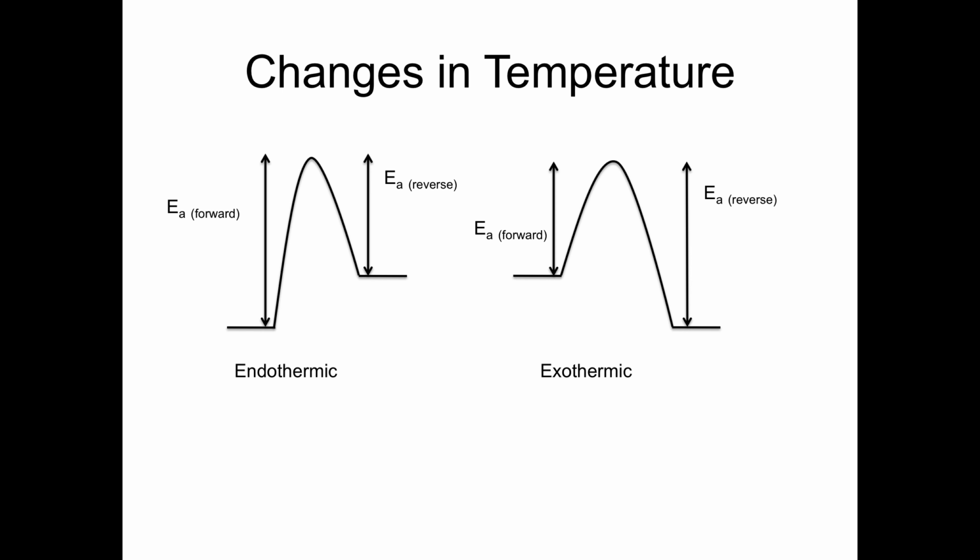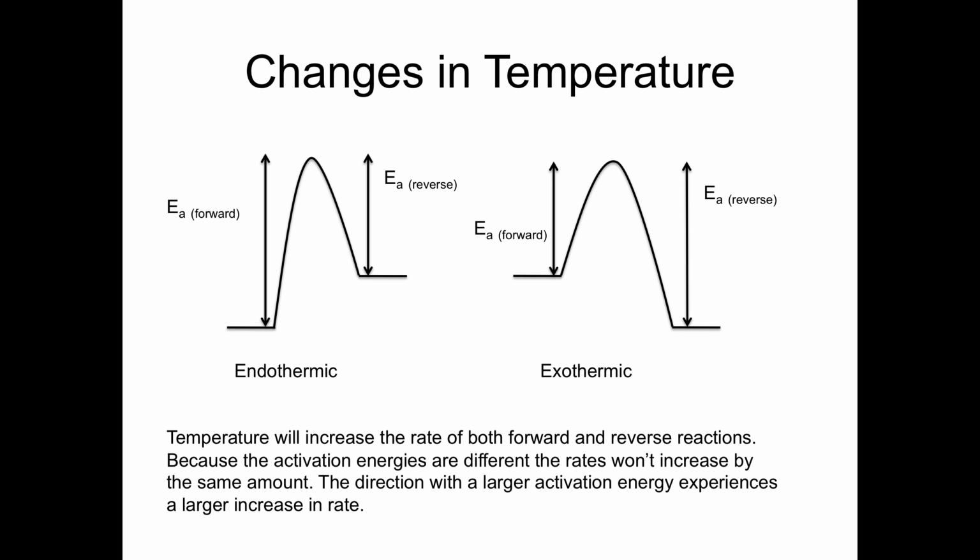Then if we flip that reaction around, we get an exothermic reaction on the right, and now we get the reverse scenario. The activation energy of the forward reaction is smaller than the activation energy of the reverse reaction. As a result, although the temperature will increase both reactions, it has a greater effect on the rate of the reaction with a larger activation energy.